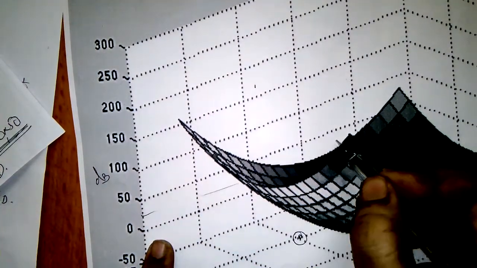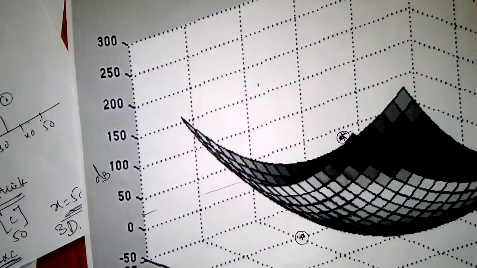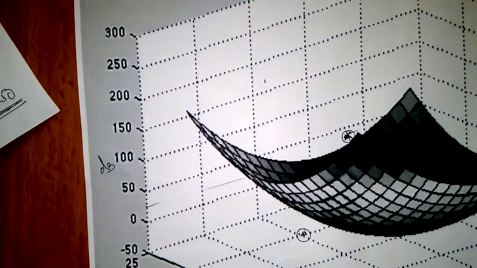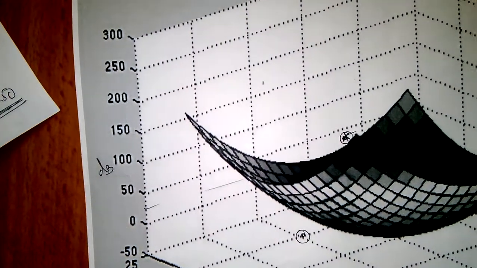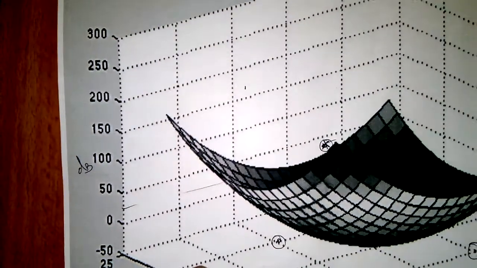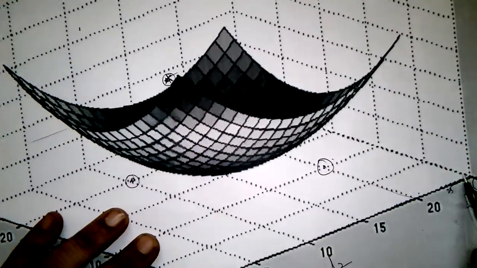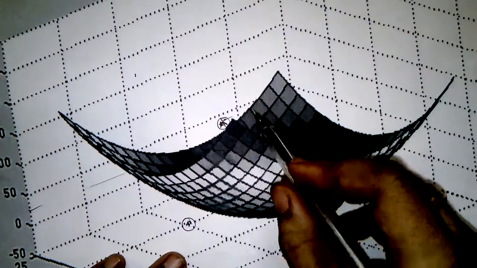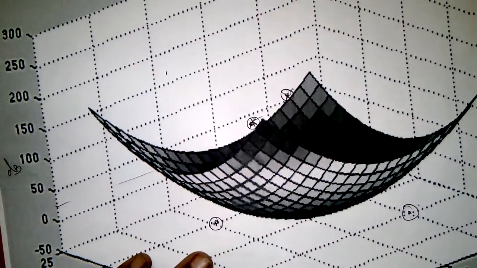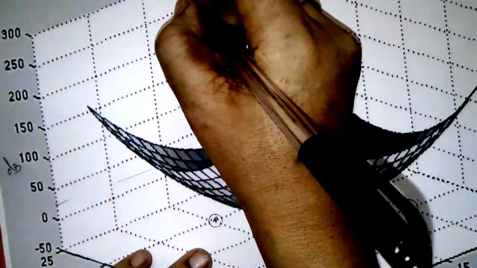Suppose here it is 30, then it will plot here. Next we have 20 and 10, so it will plot here. Next we have 35 and 35. Suppose this is 25 and this is 35. Here it will plot. Suppose 300, here it will plot. 10 and 300, here it will plot like this.